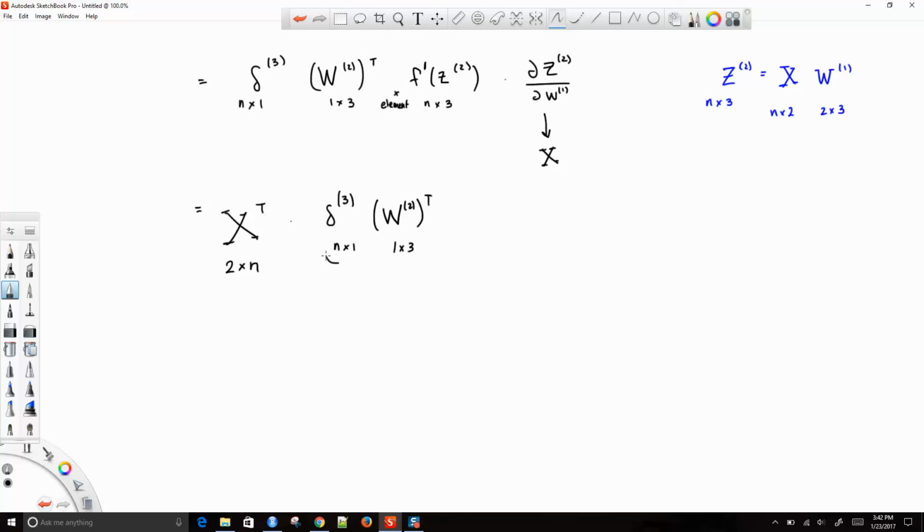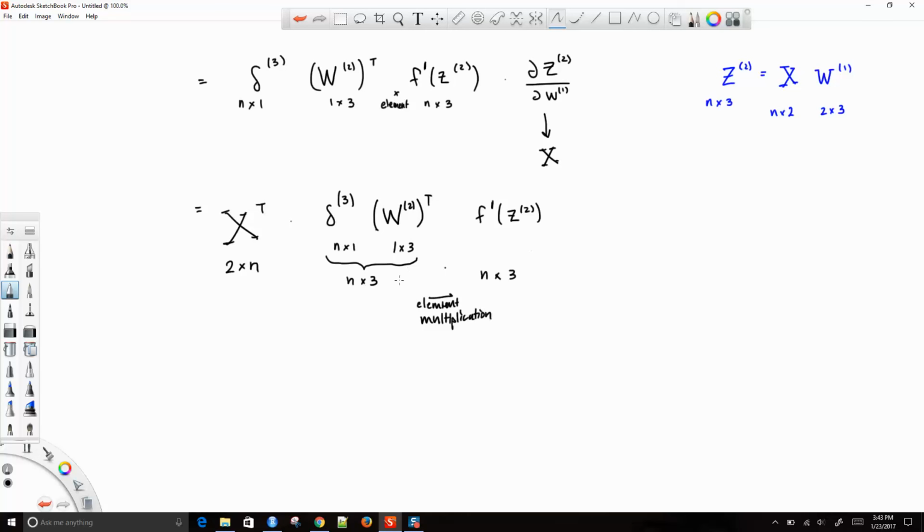So these combine to an n by 3 matrix, and then we have element-wise multiplication with f prime of Z2, which is n by 3. So this is standard regular matrix multiplication, and this part here is element-wise.